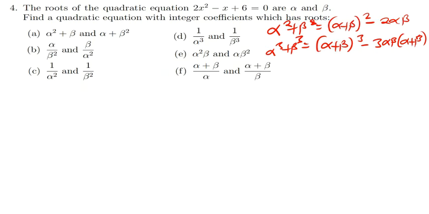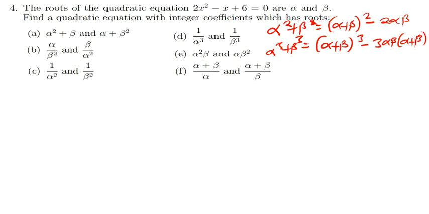So now, if I don't want to forget about this, then we are now doing the first one. Remember, the question is the roots of the quadratic equation 2x squared minus x plus 6 is equal to 0 are alpha and beta. Find the quadratic equation.